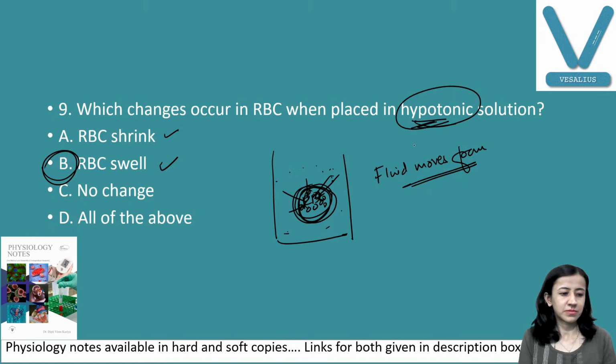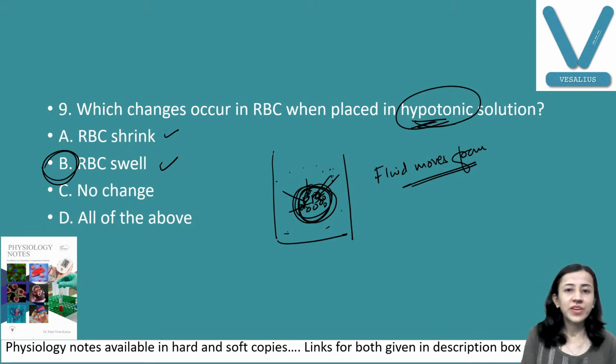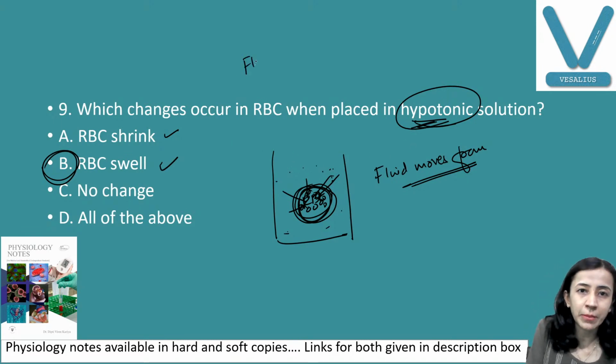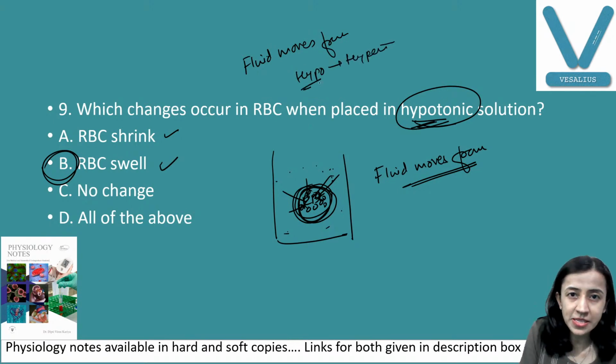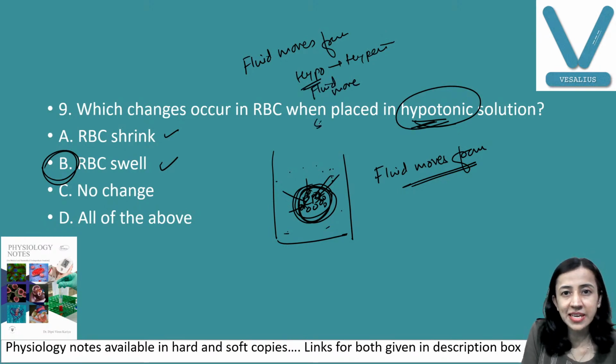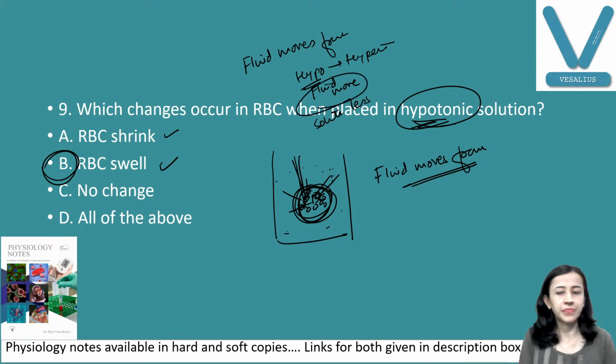Hypotonic. Always fluid moves. Try to remember, fluid moves from hypo to hyper. Hypotonic means fluid is more, solute is less. Right? Fluid more and the movement is this way. Fine. Okay. Now last question.